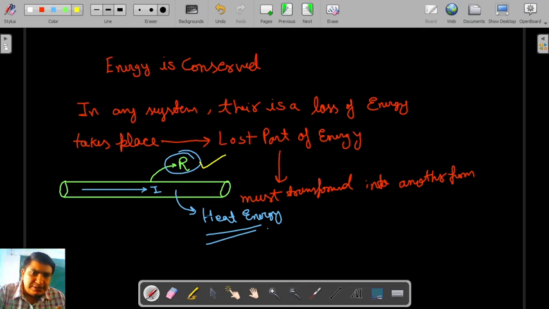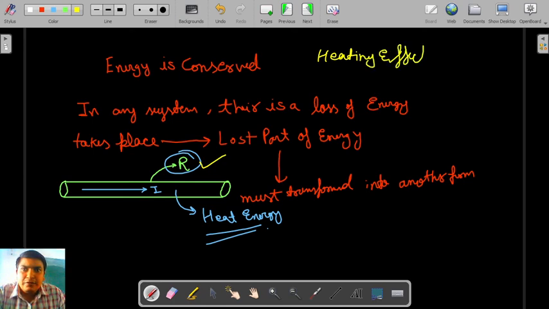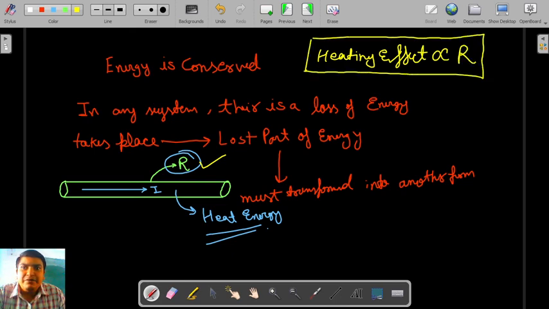If we want to increase the heating effect, we must increase the resistance of the conductor. The higher the resistance, the higher the heating effect.